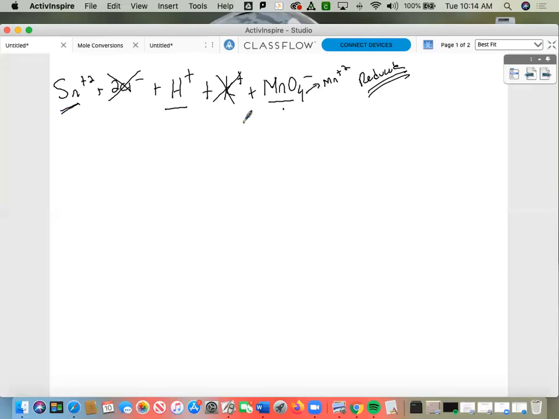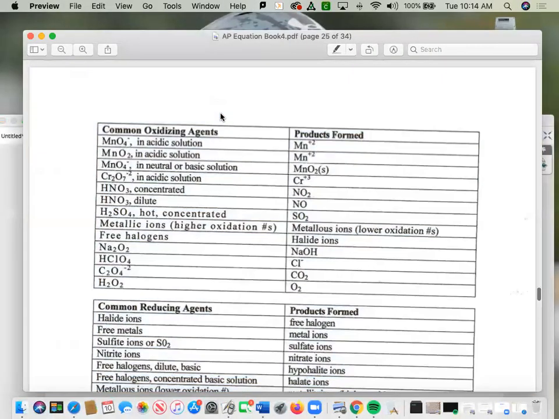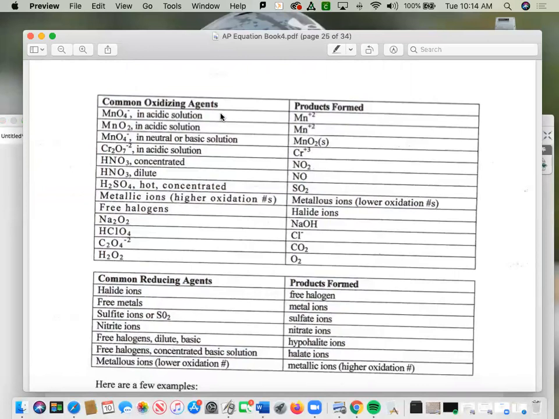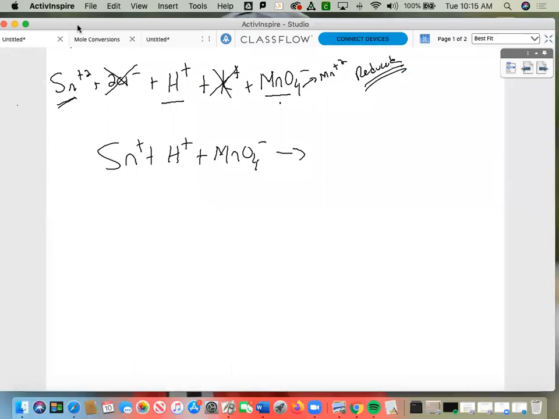So what am I left with? A solution of tin 2 chloride is acidified in potassium permanganate. There it is. And so what do I get? Well, permanganate, if you go back to that list, if we look at the very first part of the list, permanganate in acidic solution goes to Mn plus 2. There's my permanganate.